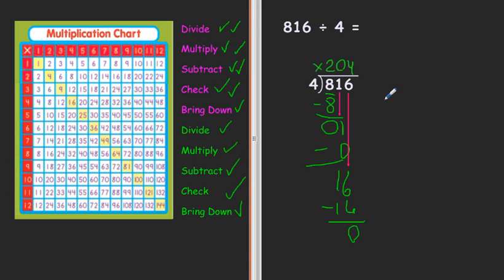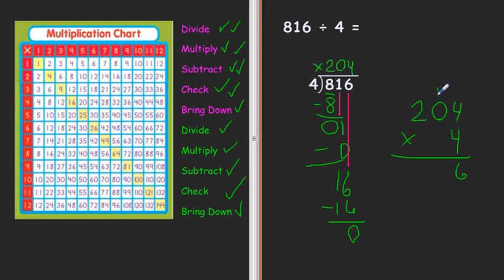Am I finished with the problem yet? No, I have to check. We're going to multiply 204, our quotient, times our divisor, because they form a fact family, to see if we get the same answer. 4 times 4 is 16.